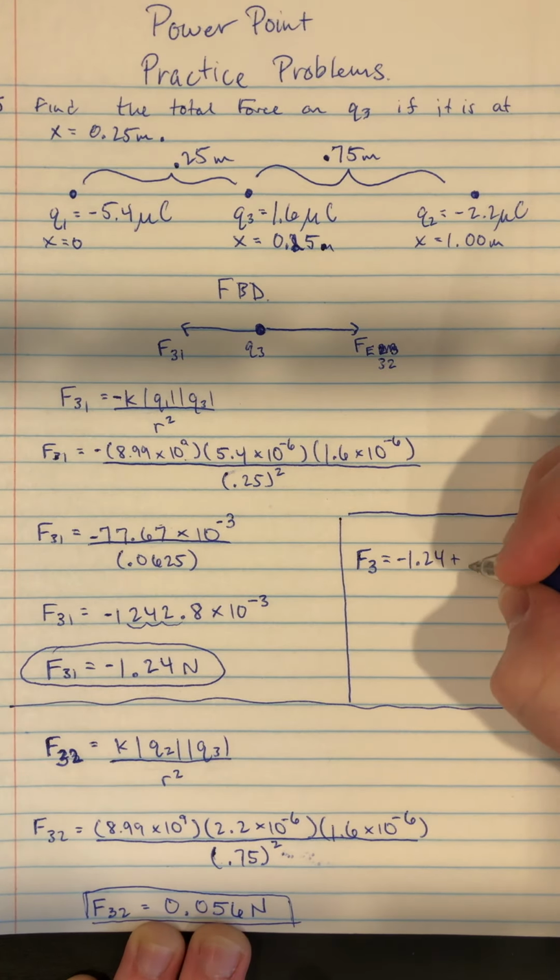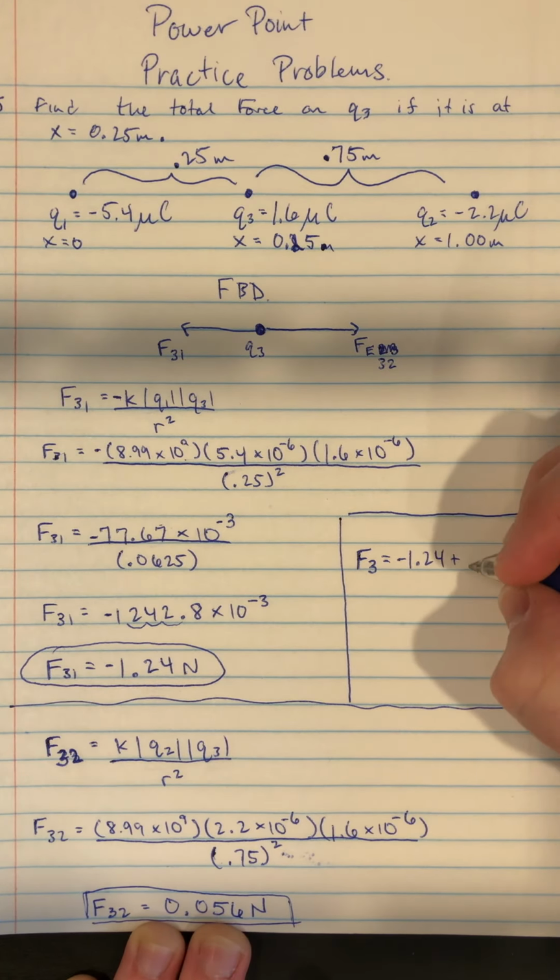And we'll get negative 1.184 newtons. All right, so same kind of thing, right? We find the first force, find the second force, add them together, see what we get.